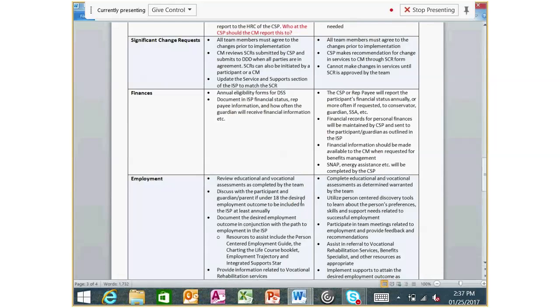If you've already reached out to the CSP and had some conversation, we would want you to problem solve on that individual case first. But if you can't reach resolution, then we might be able to provide some guidance for you as a case manager as well as for the CSP.